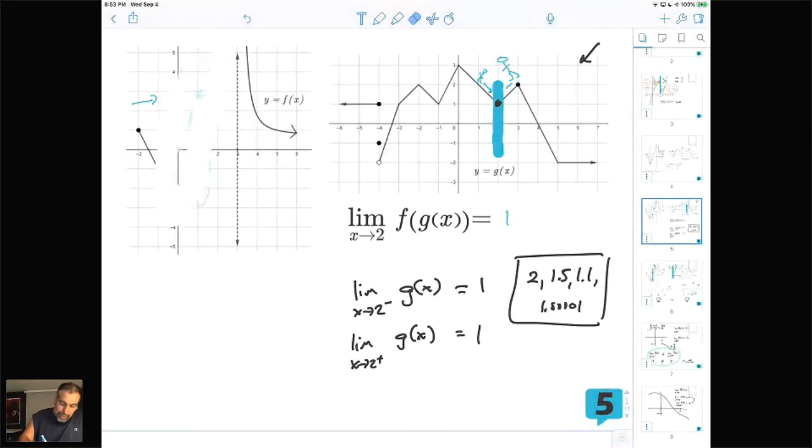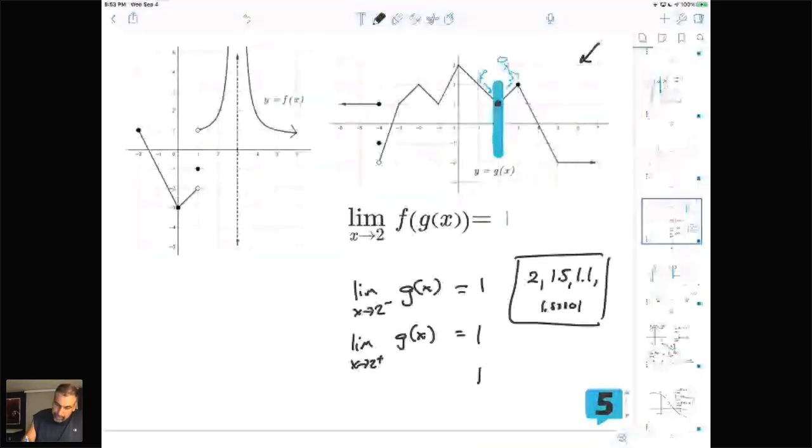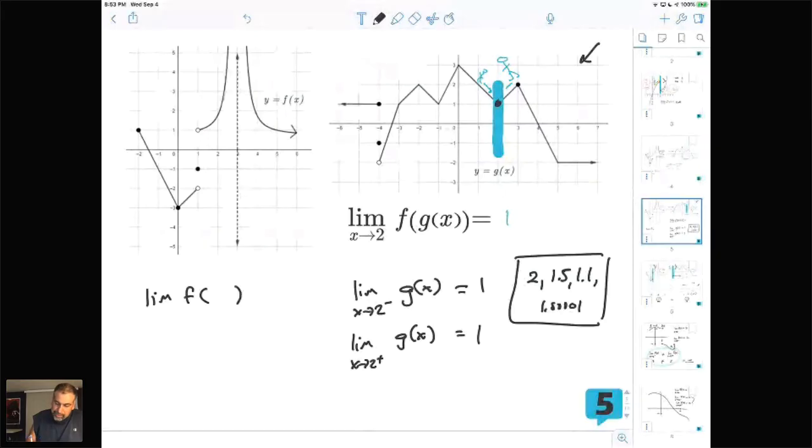What that means now is when you look at what happens with the outside part, what happens when we do the limit, actually let me write that over here, as f, and I'm leaving this blank because the g of x is what's changing. This g of x, I know it says that x goes to 2, but this was applied to the g of x.